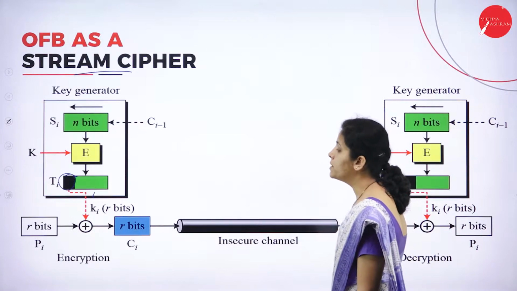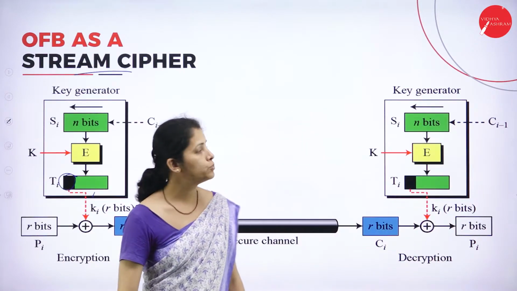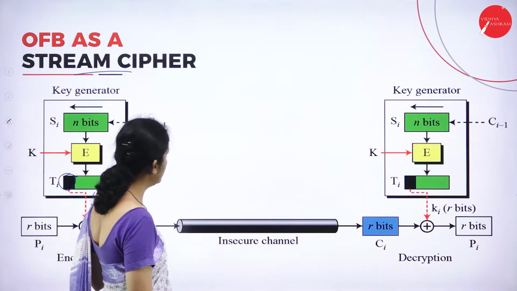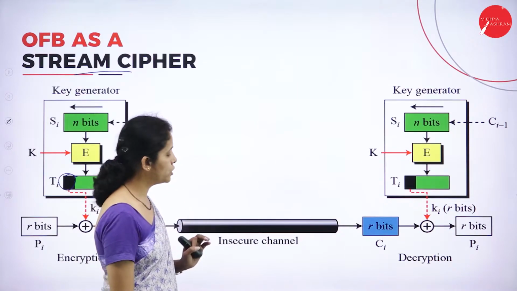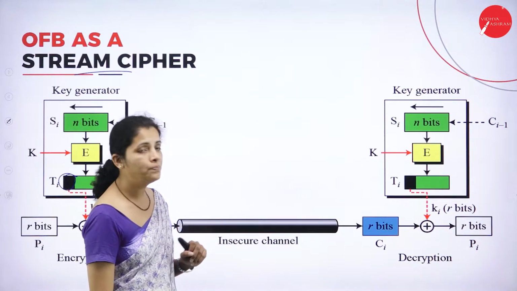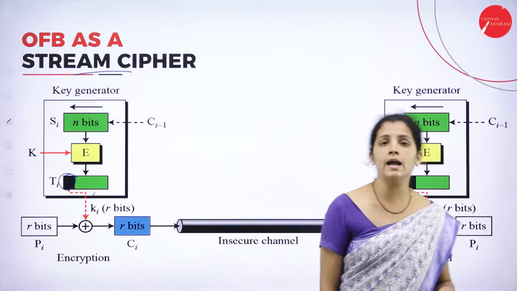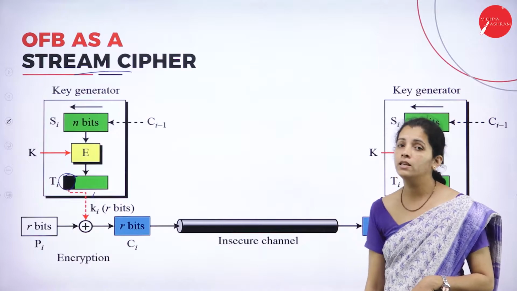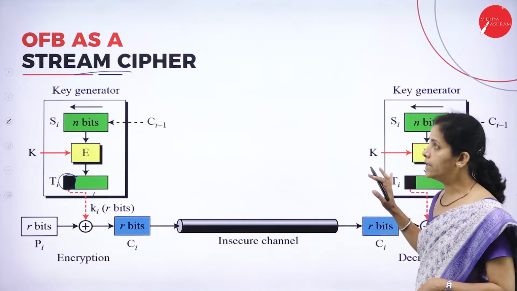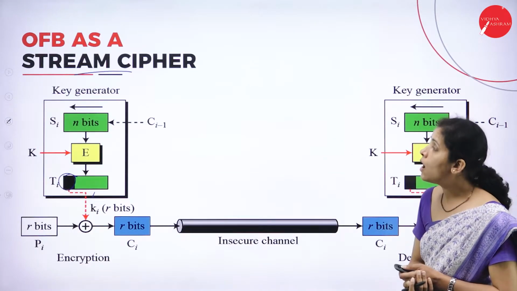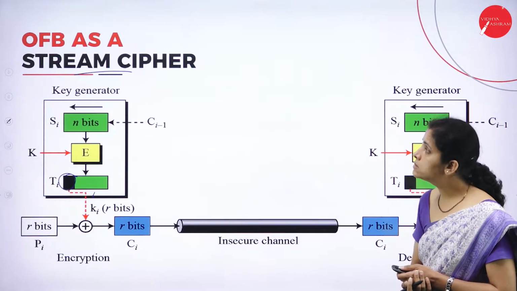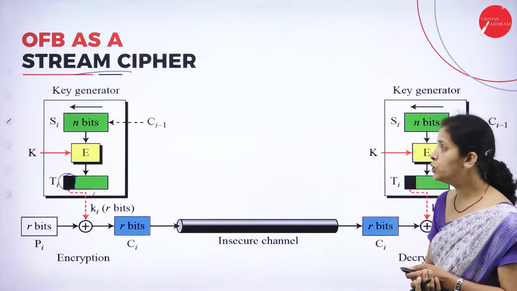After performing the XOR operation, whatever output I get, I'm going to send that output over the insecure channel to the receiver, and at the receiver side once again I'm going to apply the key generation algorithm in order to get the plaintext. So this is the way output feedback as a stream cipher can be used.